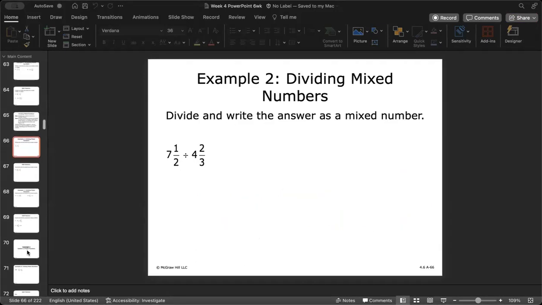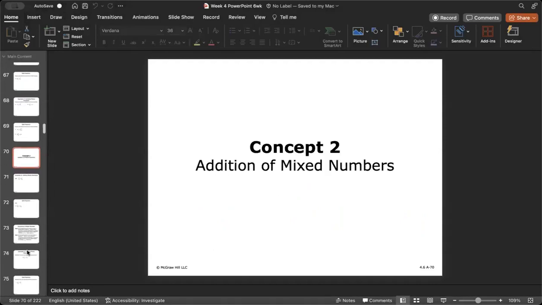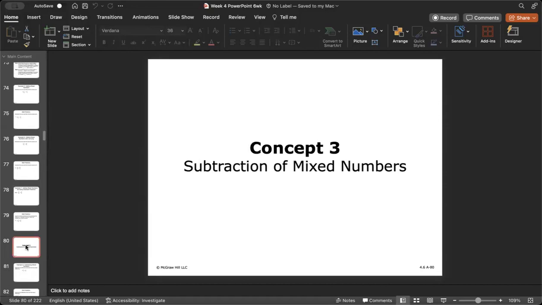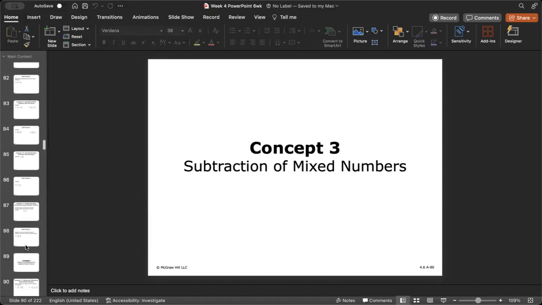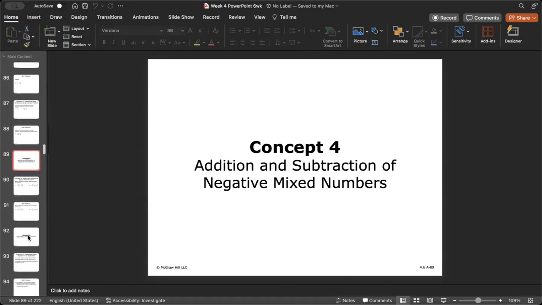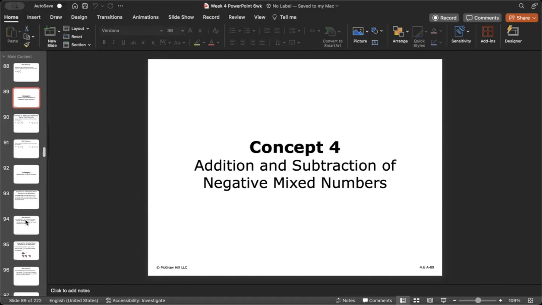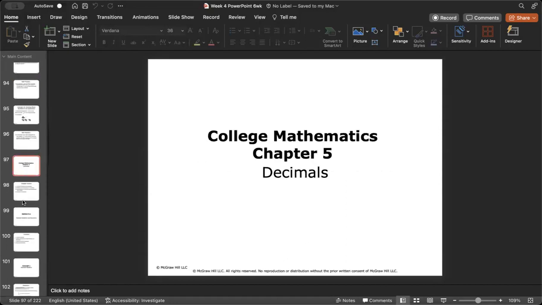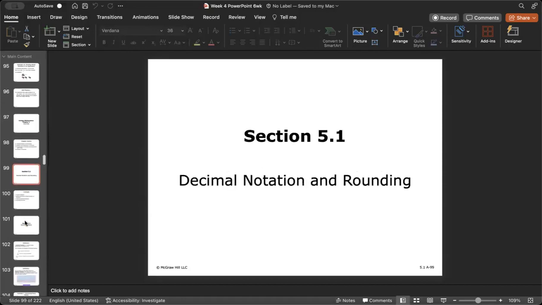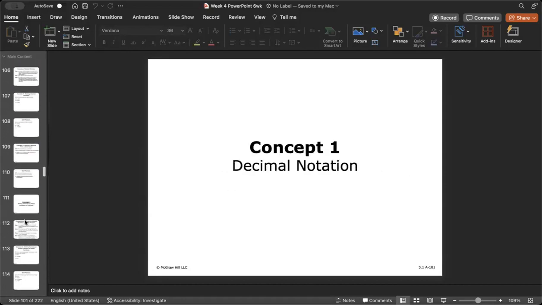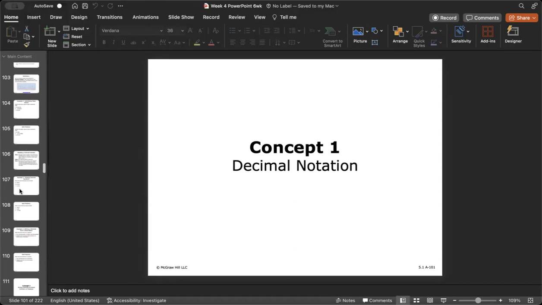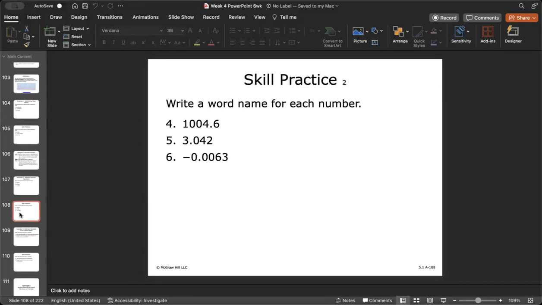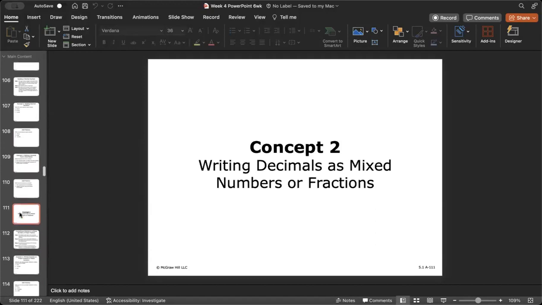We've done, I think, virtually everything. The only thing, let's see, let me jump ahead here. Subtraction, we've done that already. Negative numbers, that's just incorporating your rules of signs. I'm going to advance over that. Let's see. Decimals. The only thing I'm going to skip ahead on is rounding, because I think you know that already just from your life experience. But the only thing I want to jump ahead to is, let me find it.